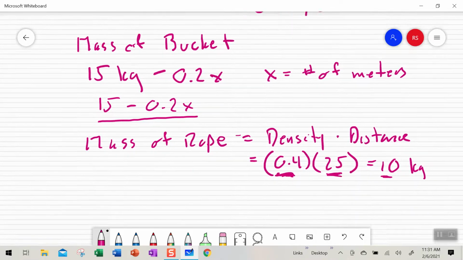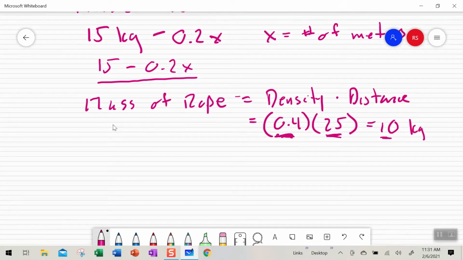However, the rope is being pulled up. So we're starting with 10 kilograms of mass, but every time we pull up another meter of rope, we have less mass to pull up. Because the mass is changing at the rate of 0.4 kilograms per meter, every meter that we pull up changes it by 0.4.